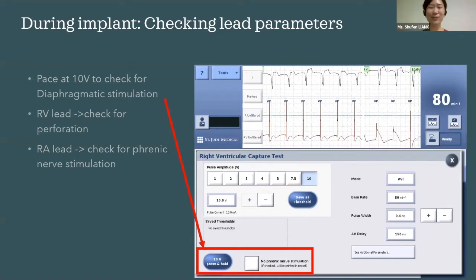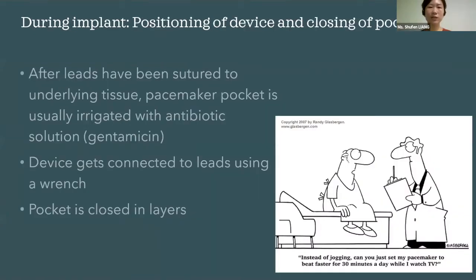I've never seen it happen before, in so many years doing cases, but still we always check. For your RA, we want to check for phrenic stimulation because the phrenic nerve runs right about there, but it's probably more posterior.